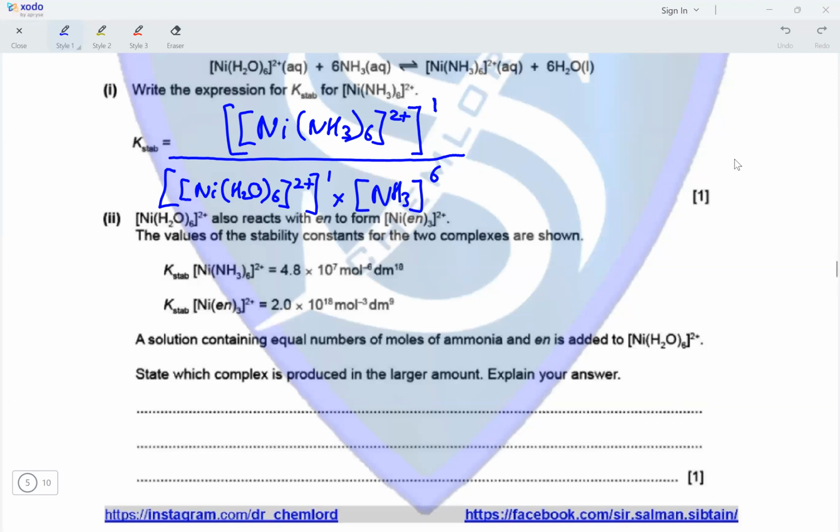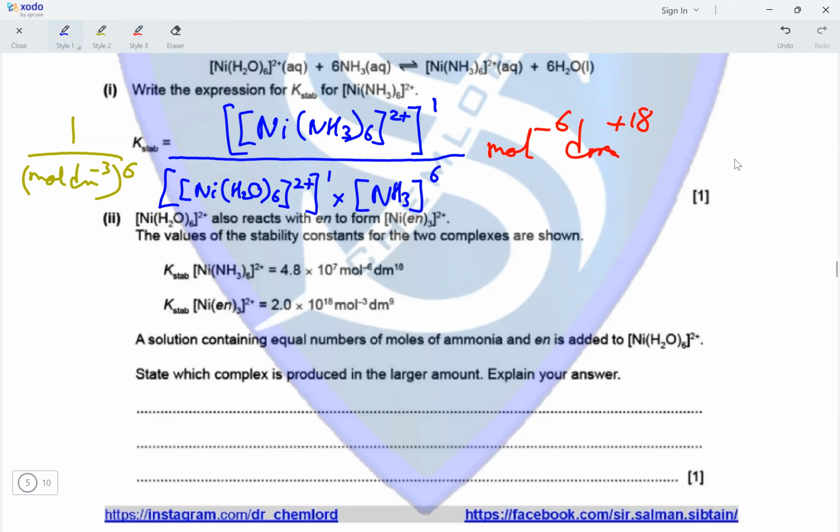And if we were to find out the units of this Kstab expression, we would have 1 over (mol per dm cube) raised to the power of 6, since 1 mole per dm cube from the numerator and denominator gets cancelled out. So the units for this Kstab would be mol^-6 dm^+18.